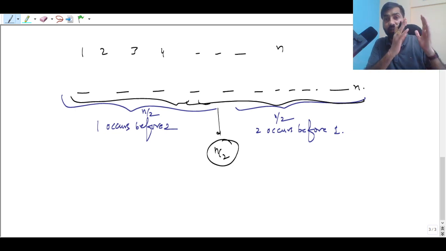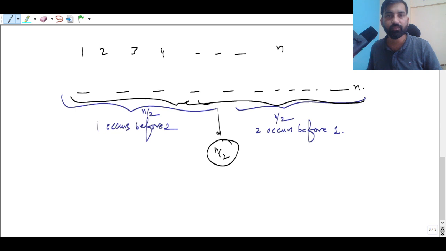But from the symmetry, what we can do here is n by 2, 1 will occur before 2, and n by 2, 1 will not occur before 2, meaning 2 will occur before 1. This is called the symmetry concept. So we have to use the symmetry of permutation here.